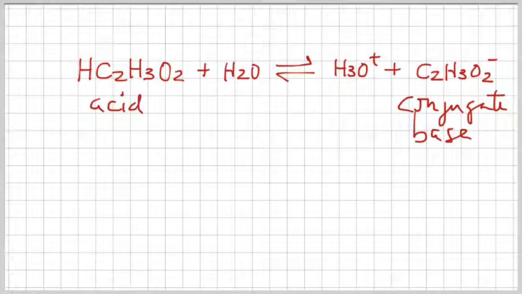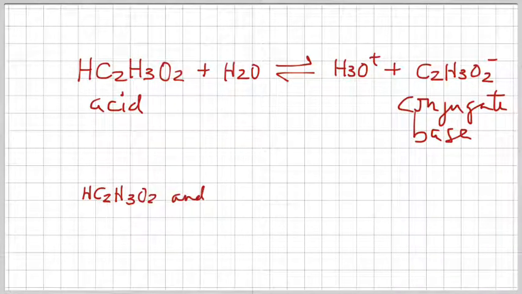Now, when you show the formulas for the buffer, you don't just say we've got acetic acid and acetate ion, because can you have just acetate ions? No. There has to be a cation with it. Does it matter what cation it is?